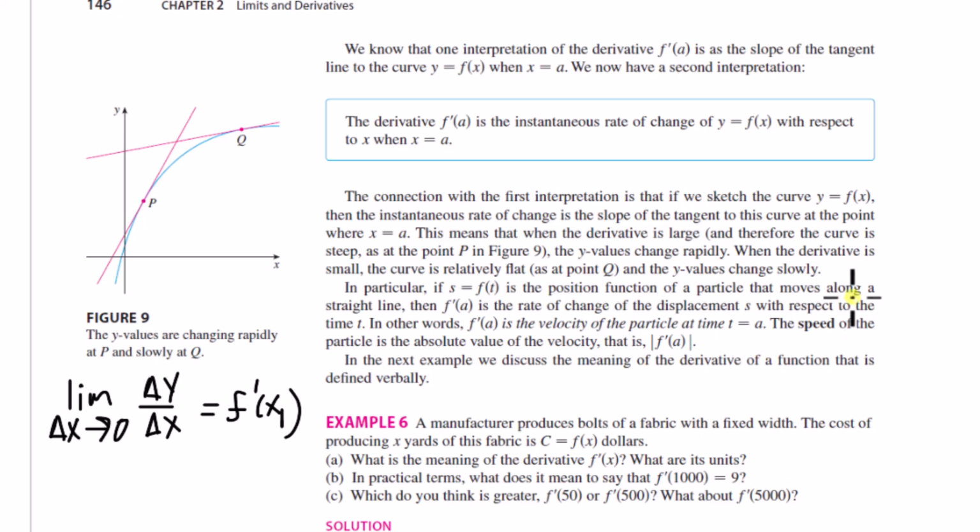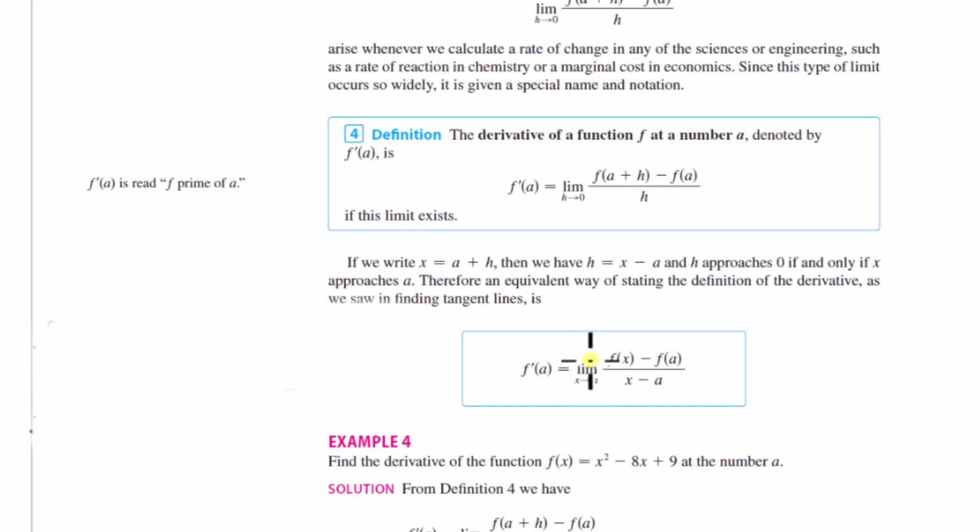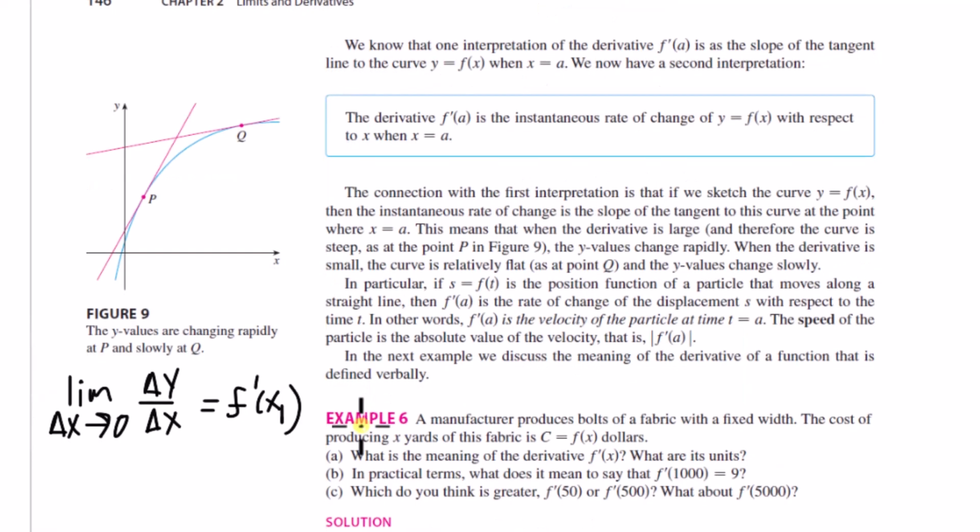But again, if we come back to these first two forms of the derivative, these are still the same exact idea. These are changes in output with respect to changes in the corresponding input, and then you're taking the limit as the delta interval of the input goes to 0. Nothing different whatsoever.